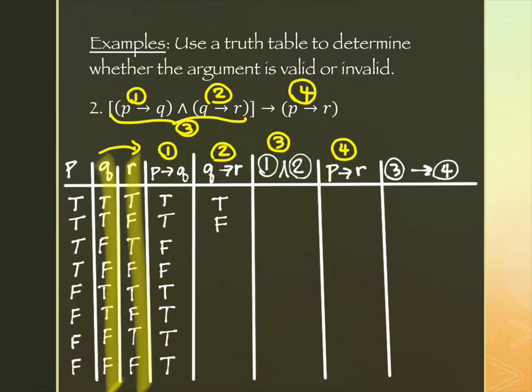Row 3 and 4 both start out false, which give me a true and a true. Row 5 is true implies true, so it's true. Row 6 is true implies false, which is false. And then rows 7 and 8 both start out false, which give me true.